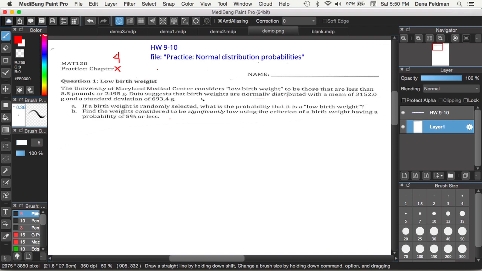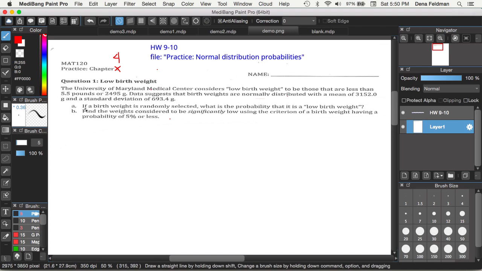Data suggests that birth weights are normally distributed with a mean of 3,152 grams and a standard deviation of 693.4 grams. All right, information.